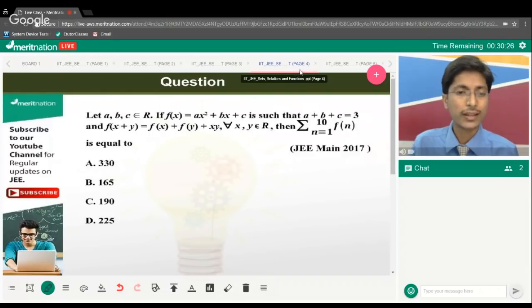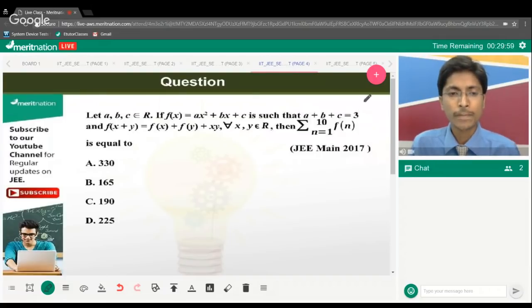And both of them, x and y, belong to real numbers. The thing to notice is x and y belong to real numbers. So now we'll start plugging in the values in order to bring out the values of a, b, and c individually.